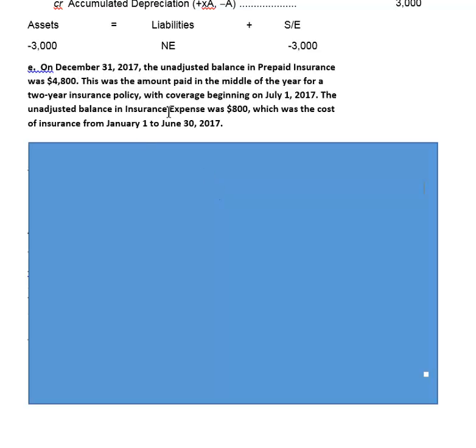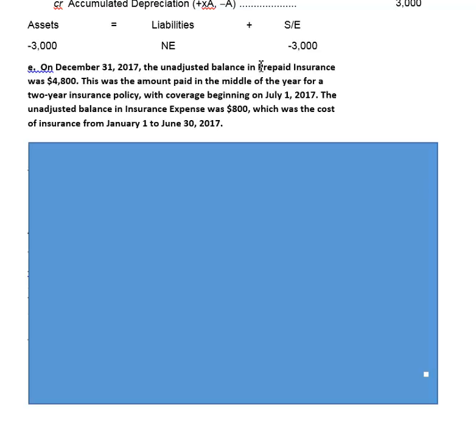The unadjusted balance in the insurance expense account was $800. So they already had $800 there. That's in the expense account. And that was the cost of insurance that they expensed from January to June 2017. So what happened is that we expensed insurance for the first 6 months of 2017.